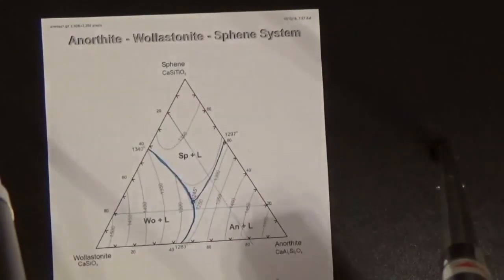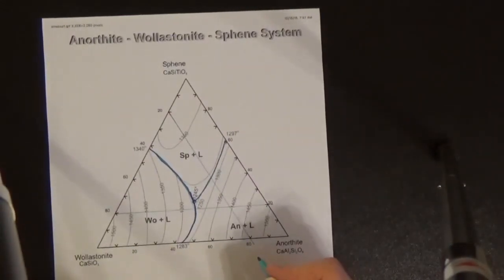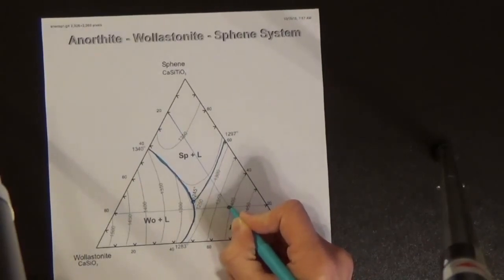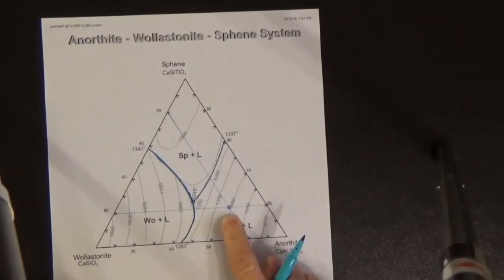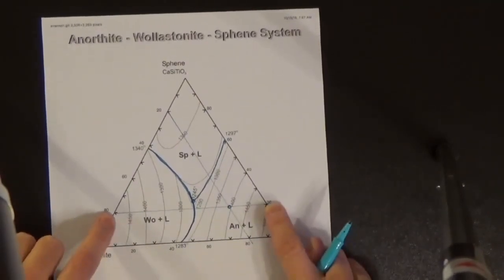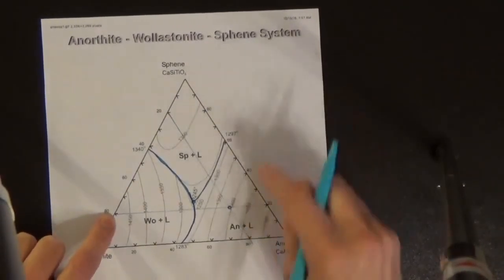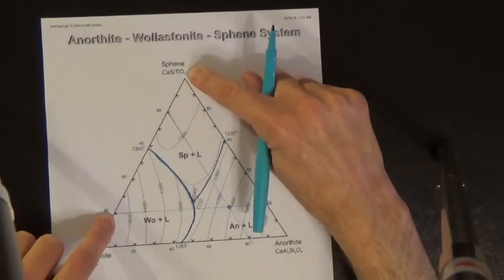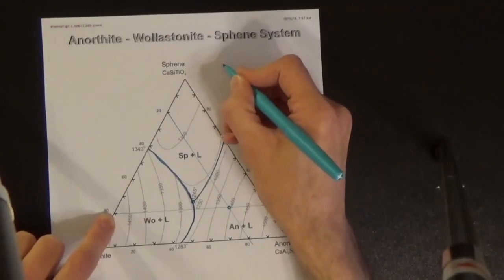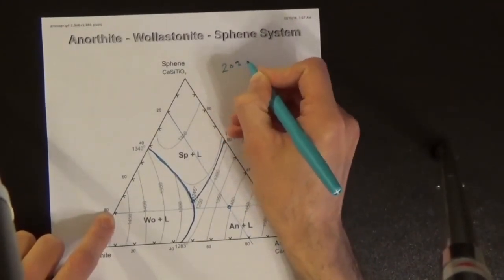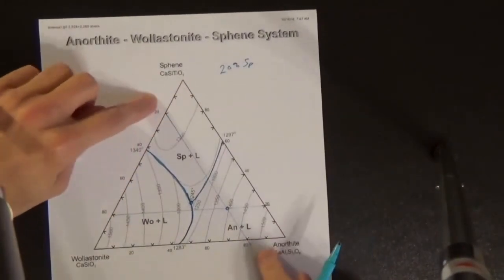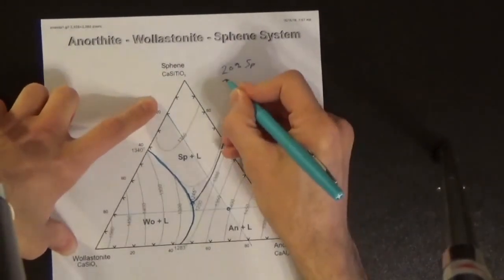So let's start out with an initial composition that is there. So that represents 20% CaSiTiO5, SP, and then 20% WO.